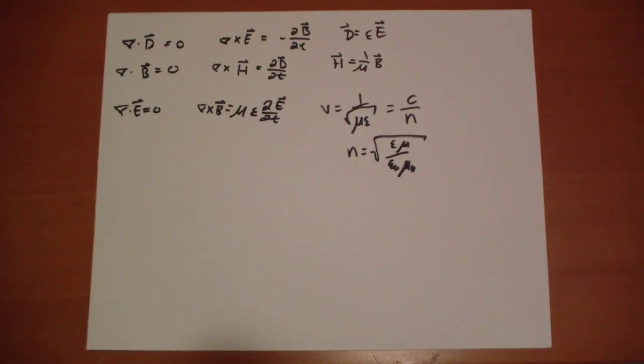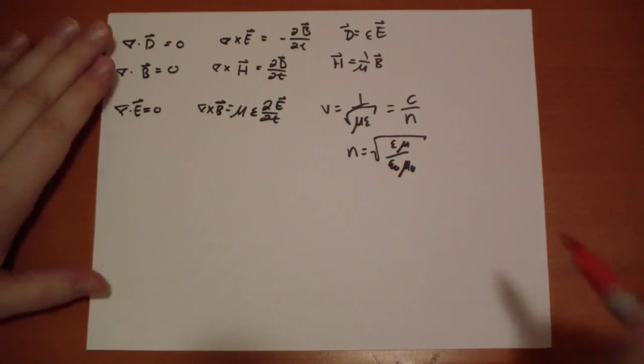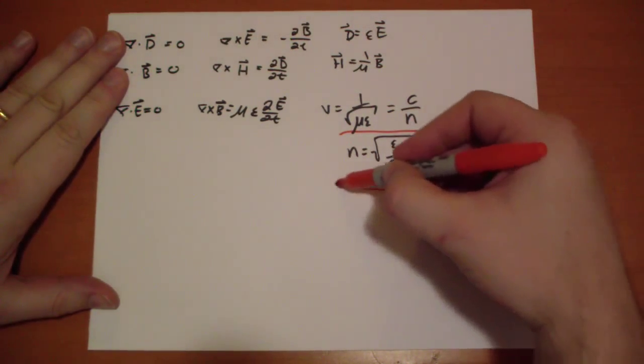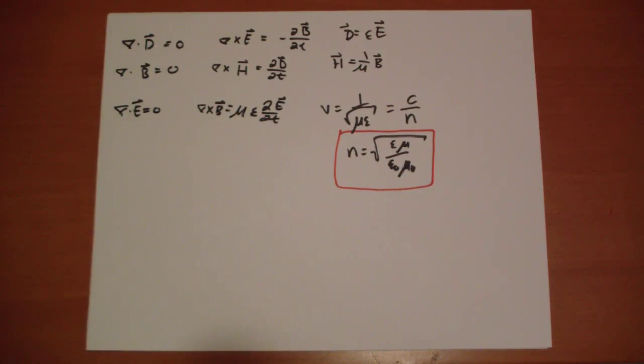It's the square root of epsilon over epsilon naught times mu over mu naught. That's n. And this is a rather curious result. This is basically the nail in the coffin of the fact that light waves are really electromagnetic waves. There's no substantial difference whatsoever, and there's no reason to think of them as being any different than that.